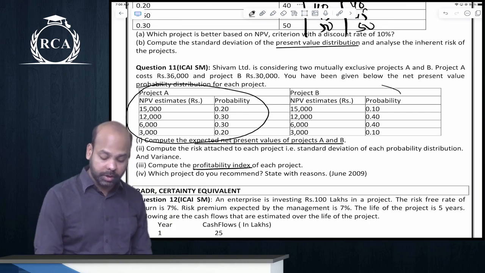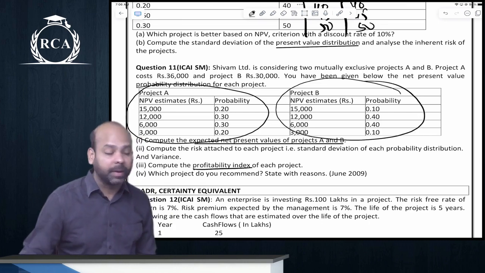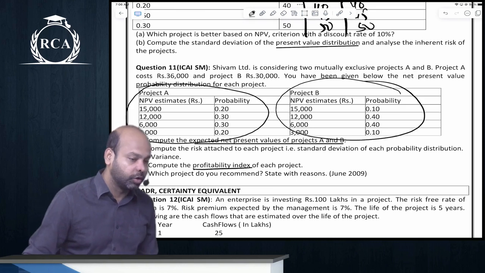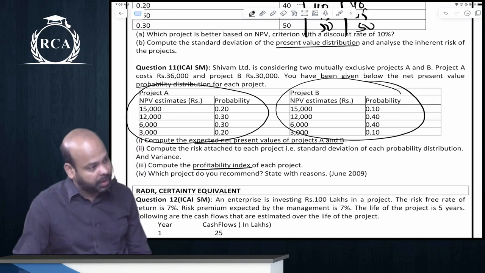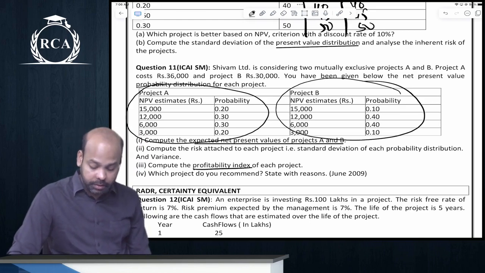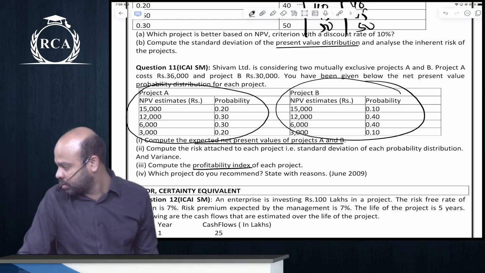First you finish this. Profitability index is nothing but PVCI divided by PVCO. You know NPV, you know initial investment. You can arrive at PVCI. Start beta.